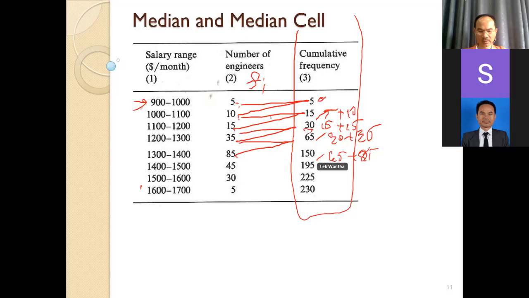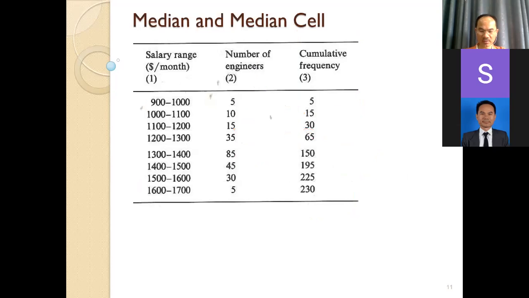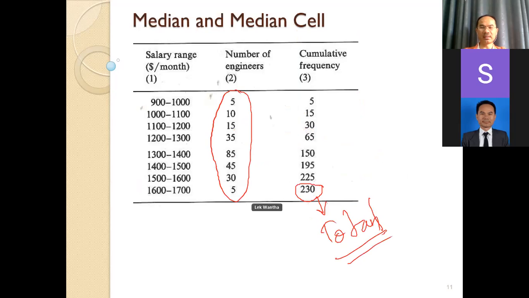And 150 plus 45, that's the cumulative, and finally you get 230. This is the total number of engineers, because we sum all of the frequencies to get the total.